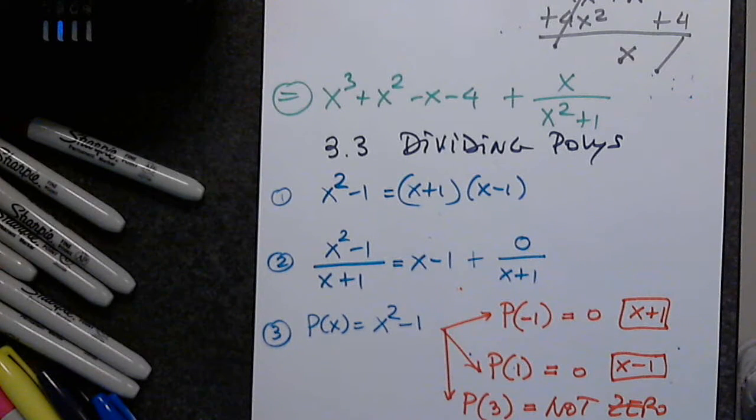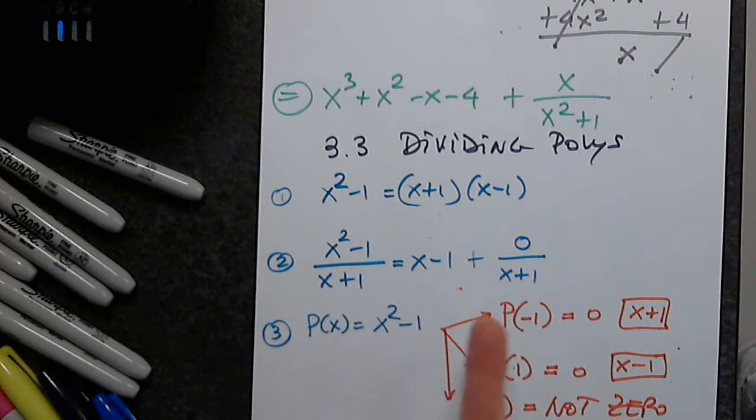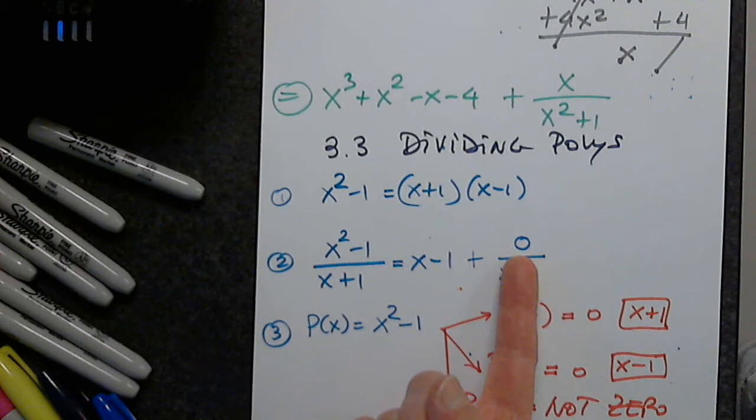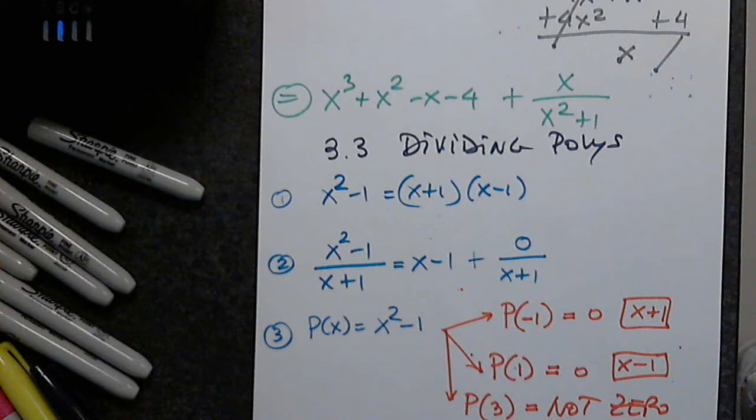When I divide 9 by 3, what do I get? 3. Why? Right, and because the remainder is? Right. So when I divide this polynomial by x plus 1, I get remainder 0. What does that mean about x plus 1? I'm looking for a word. Why, when I divide 9 by 3, I get 3 and the remainder 0? Because 3 is a multiple.